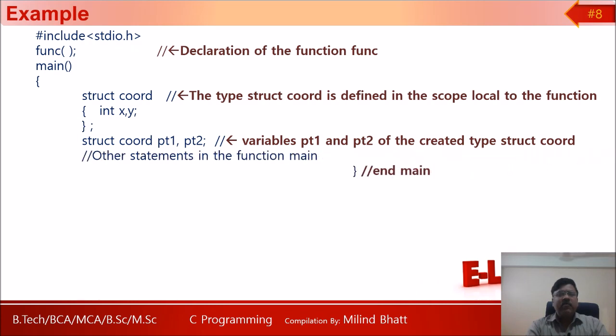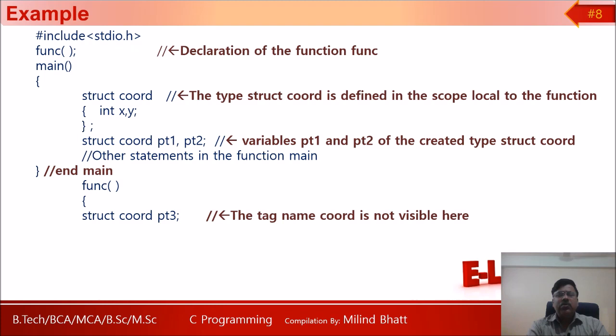Now see, if my main ends over here and there is another function which is named function defined later, and it wants to initialize one more coordinate, say point3. See, point1 and point2 are already mentioned in this main, and this structure is also defined in main. Outside this main, I am trying to create one more variable of it.